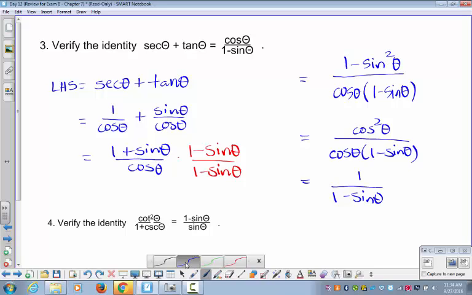And that is, whoops, I said 1 factor of cosine and I canceled 2 factors of cosine. 1 factor remains, and that is the right-hand side. All right. Any question on any stuff there?